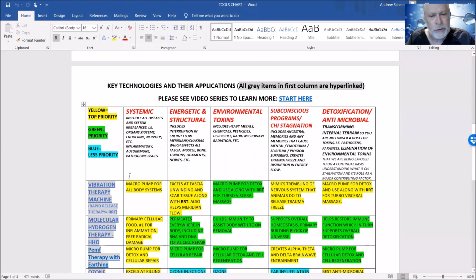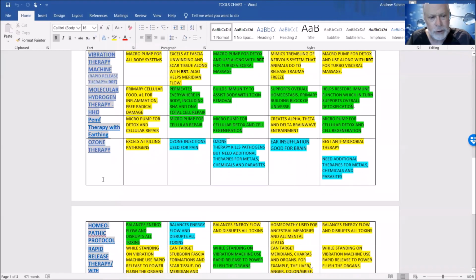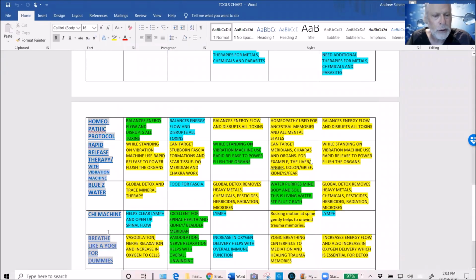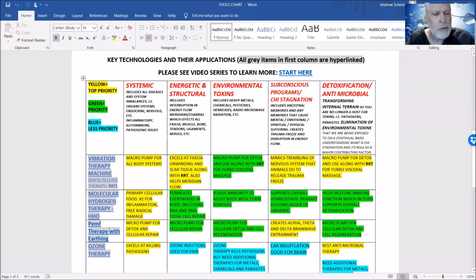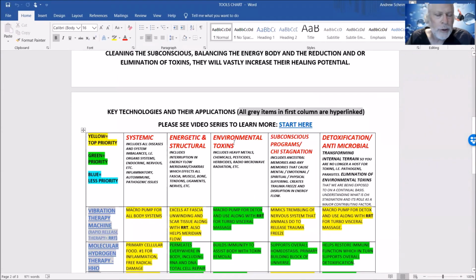So just briefly, in terms of what affects the brain, we have 5 major categories here that we address, and these are the technologies, the major technologies that we recommend on the left. So first of all, environmental toxins, pretty obvious. Heavy metals, chemicals, like things like mercury, aluminum can affect the brain, chemicals, pesticides, microwave radiation, cell phones, if you hold a cell phone to your head, can definitely do damage to the brain.